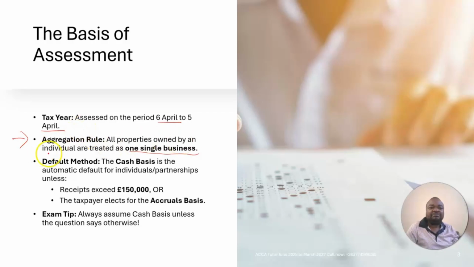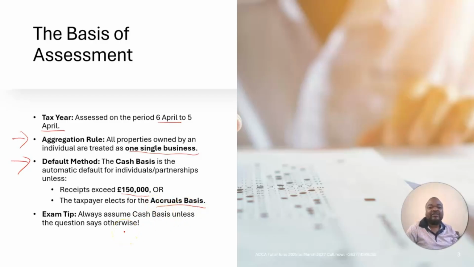Then the default method, the cash basis, is the automatic default for individuals or partnerships unless receipts exceed £150,000 or the taxpayer elects for the accrual basis.